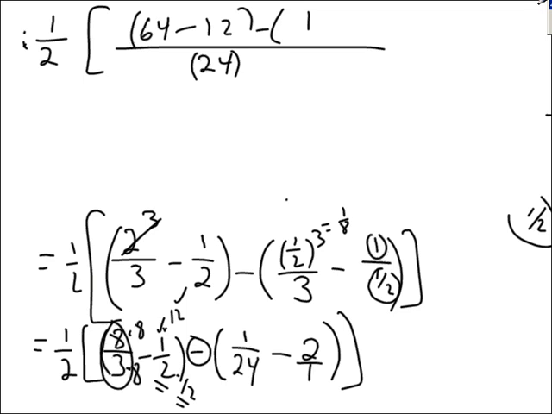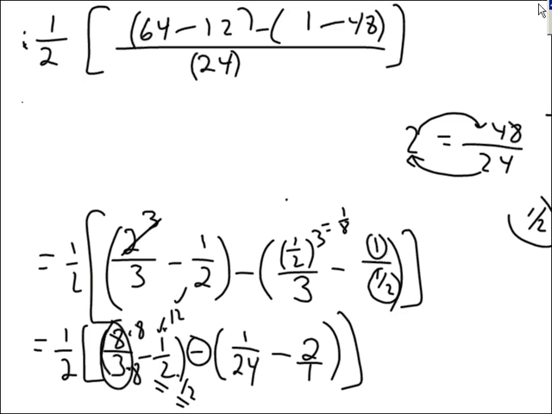Here, this is like 2 over 1. Well, you want to write 2 with the 24 in the bottom. This is how you do it. 24 times 2, 48. Minus 48 over 24. Okay, now we have a common denominator. We can surely clean this up.